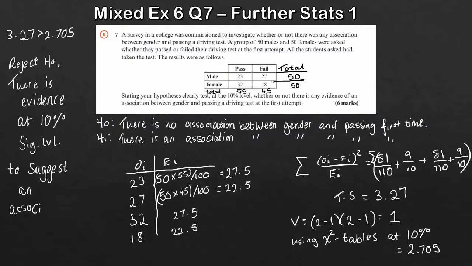This is what I hate about these questions, there's so much rhyme. There's an association between the gender and passing first time. I'm not going to write it out in full, but that's what your association's between.